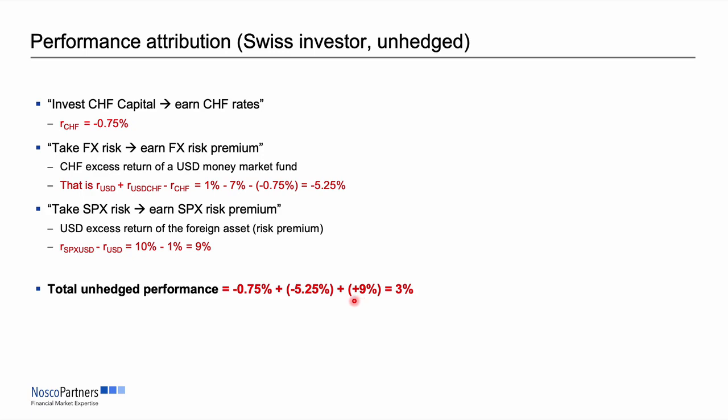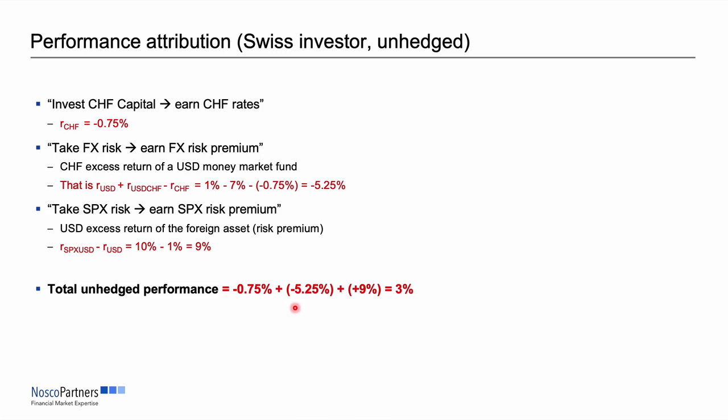So if we start hedging the FX risk away, it will only affect the minus 5.25%. If we start hedging equity risk away, it will affect the 9%. So if we totally hedge the FX risk away, all the minus 5.25% goes away.